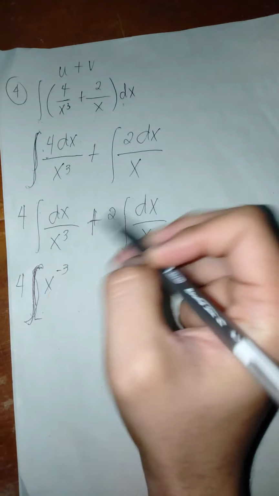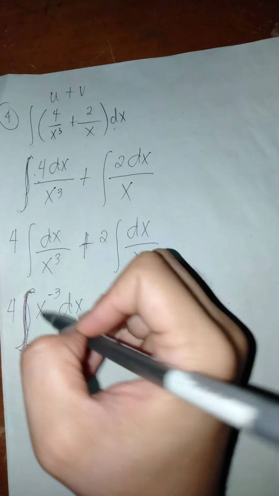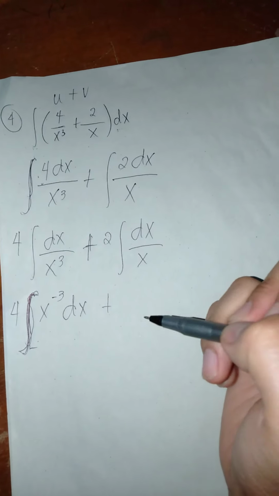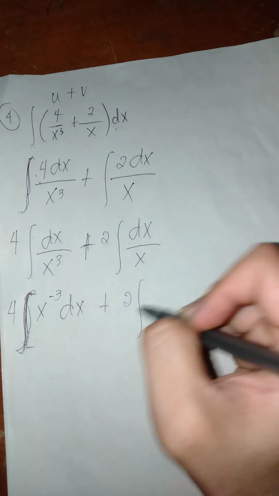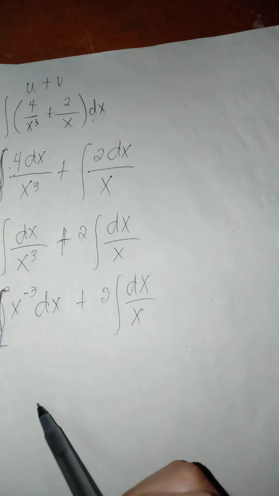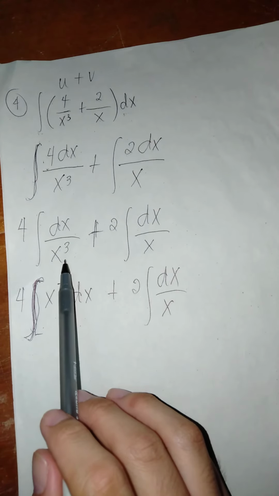Integral sign mo na, dx na ngayon. So, 4 integral of x negative 3 dx plus 2 integral of dx over x. So, pwede mo nang i-apply ngayon yung power formula by first getting the inverse.